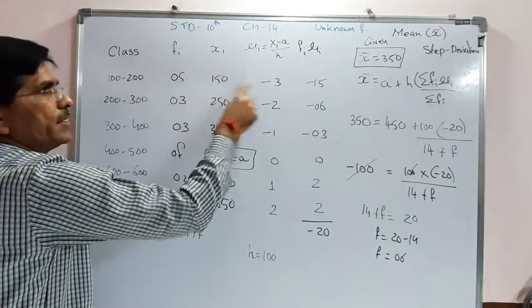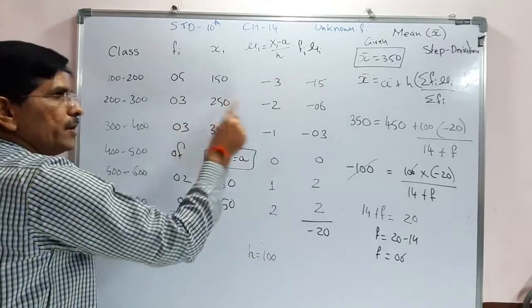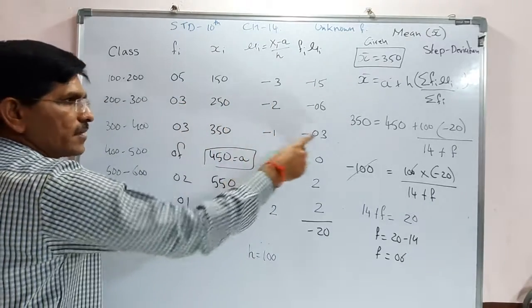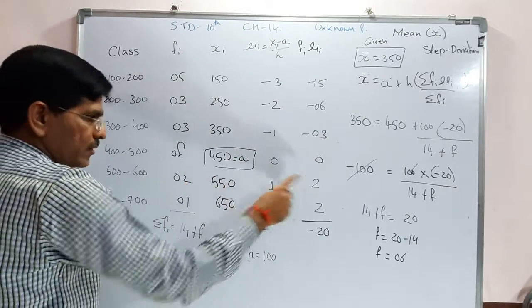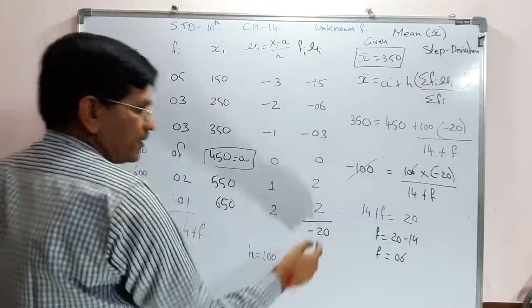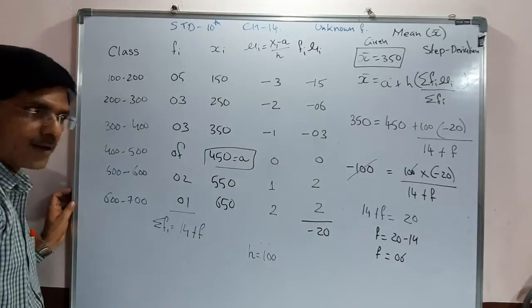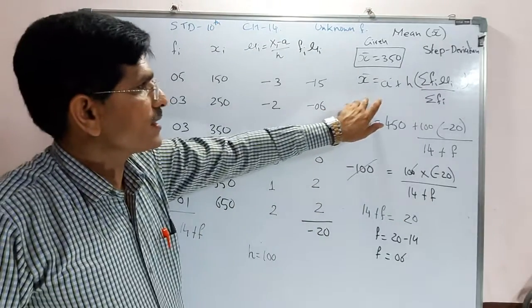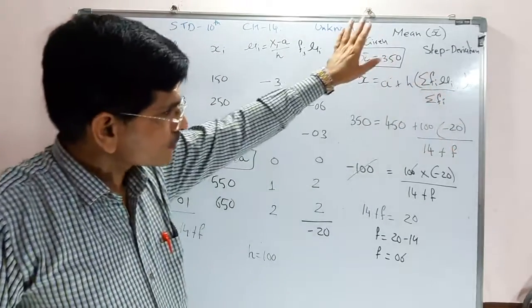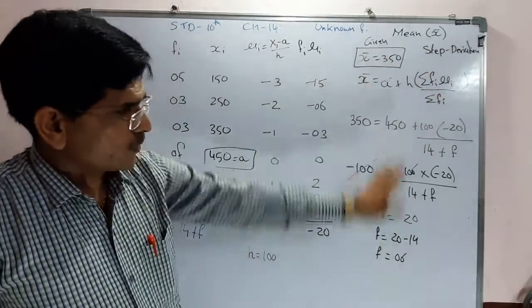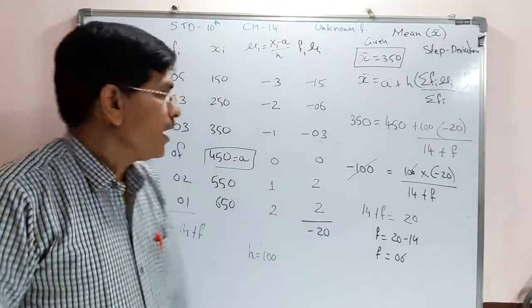Then fi ui: 5 into minus 3 is minus 15, 3 into minus 2 is minus 6, 3 into minus 1 is minus 3, f into 0 is 0, 2 into 1 is 2, 1 into 2 is 2. If you simplify, you get minus 20. Put it in x bar is equal to a plus h sigma fi ui upon sigma fi. If you make the calculation, you will get the answer 6.